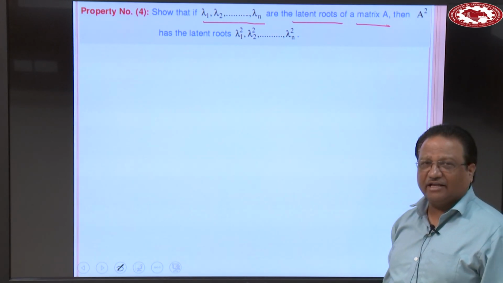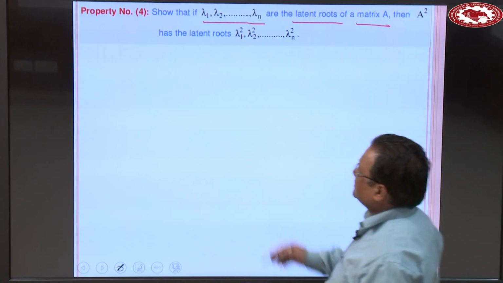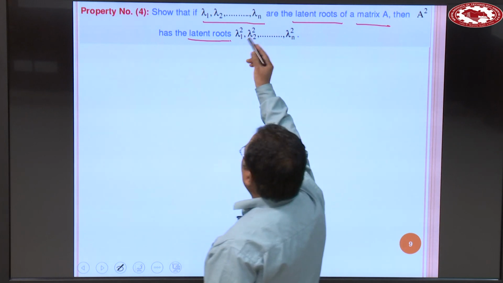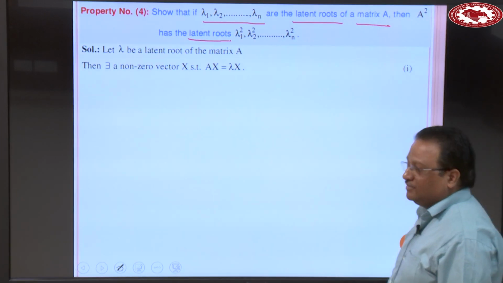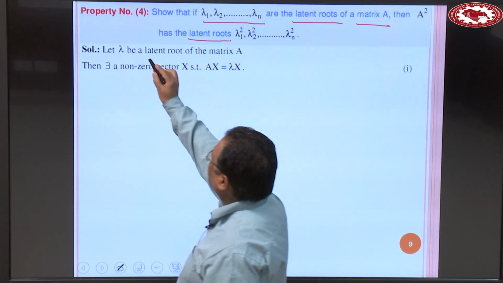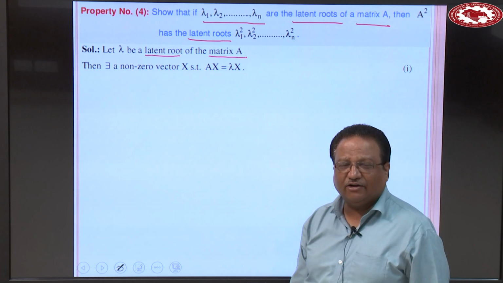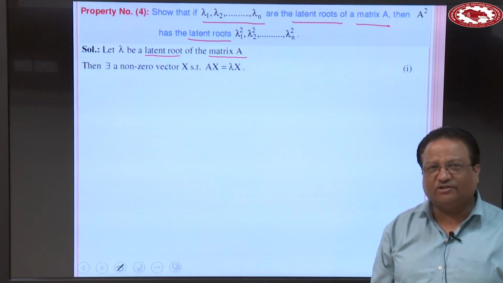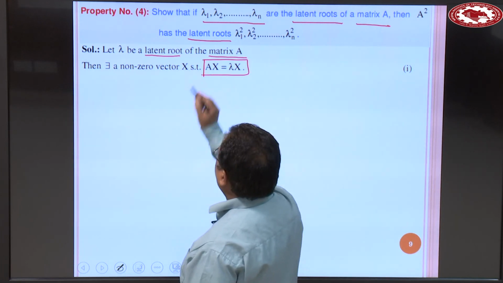show that if lambda 1, lambda 2, up to lambda n are eigenvalues of a matrix A, then A square has the eigenvalues lambda 1 square, lambda 2 square, up to lambda n square. Let us suppose that lambda is an eigenvalue of a matrix A. Then there exists a non-zero vector X such that Ax is equal to lambda x.